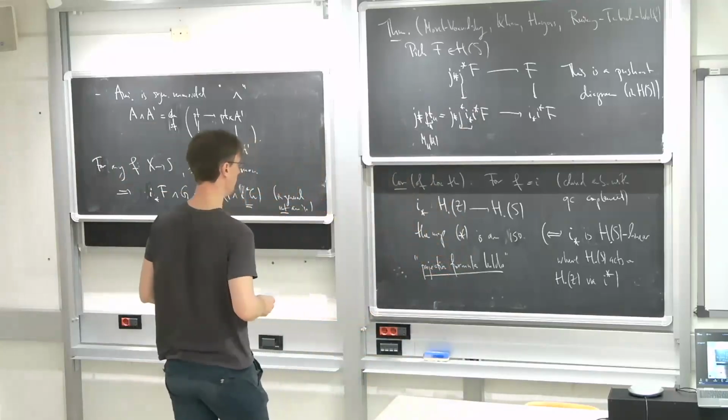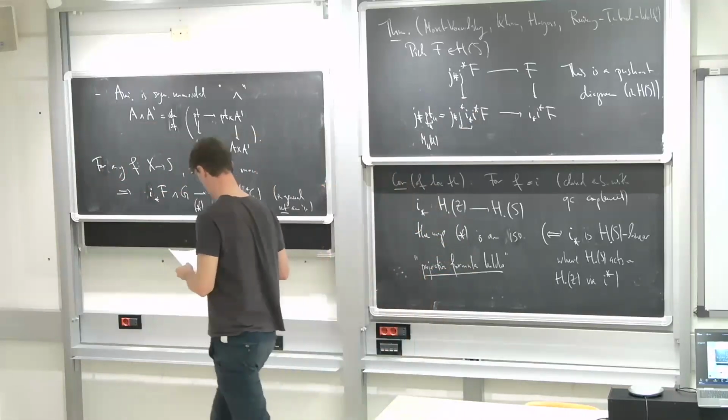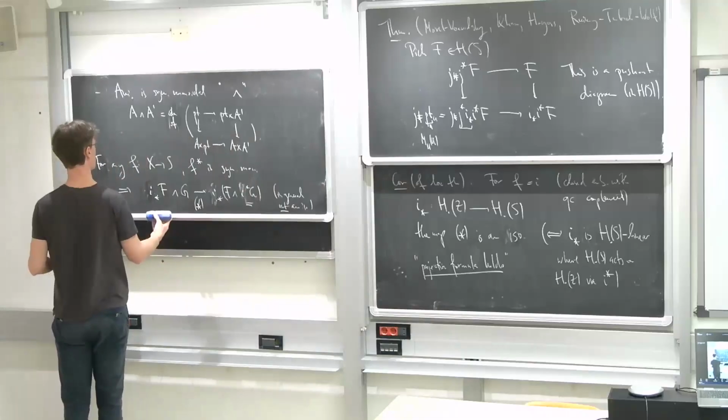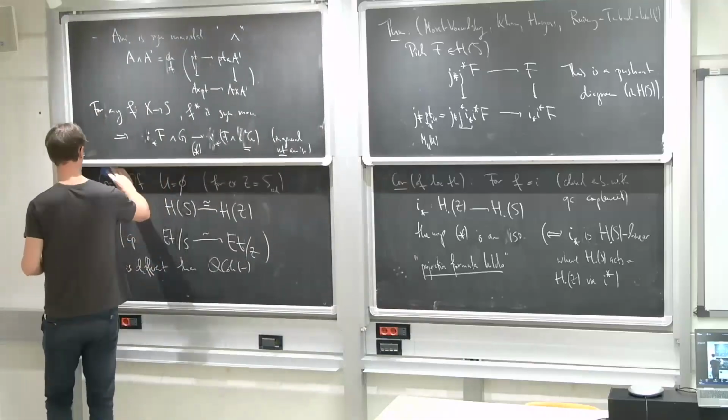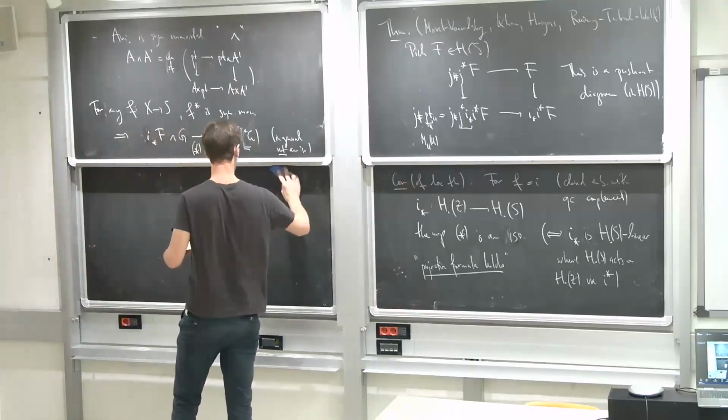Okay, so this gives you a little bit of an idea why this could be a useful thing, and we will now want to move on and see how this goes.